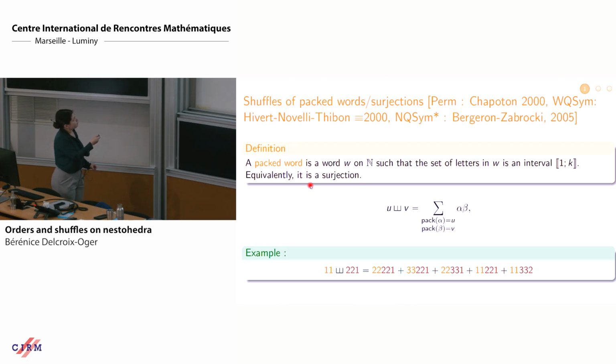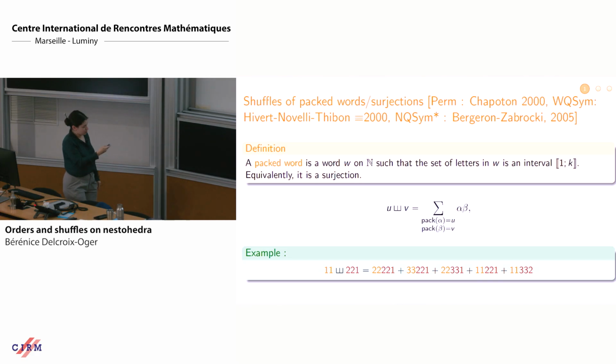So when I say packed words, you can hear surjections, that's quite the same. A packed word is a word such that the set of letters used is an interval 1 to k, so that there are no empty rows when represented like a table.